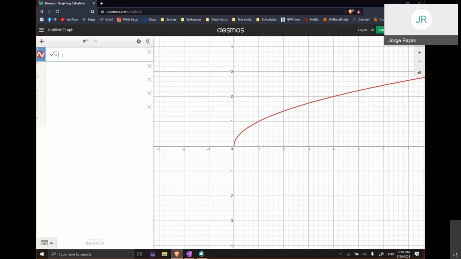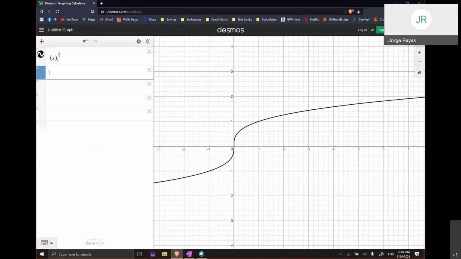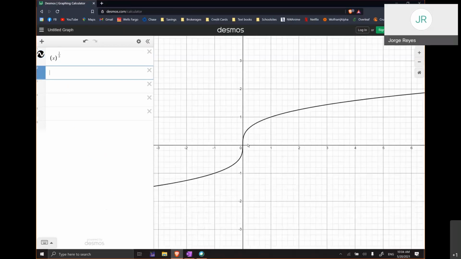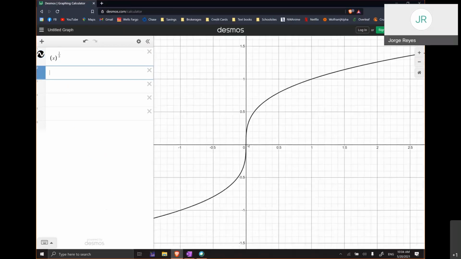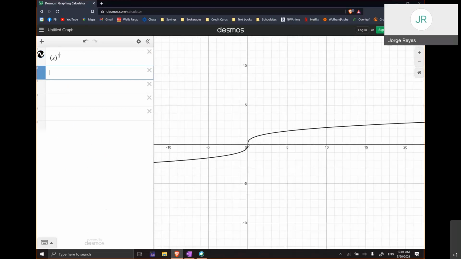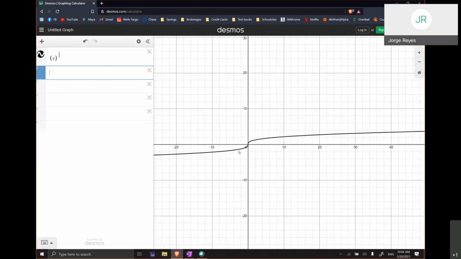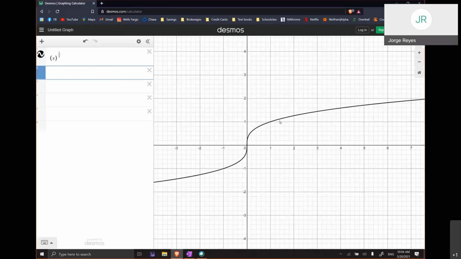But how I would do that in Desmos is I would remember that roots are just fraction exponents. So really, this is a cube root. And we see it looks like what I said. It's like this stretched out S thing. But notice, negative numbers are fine.